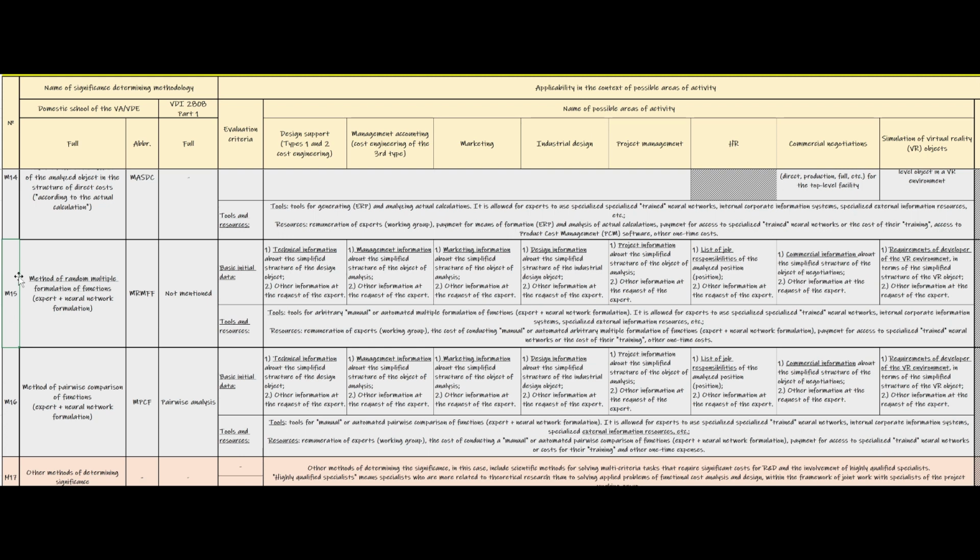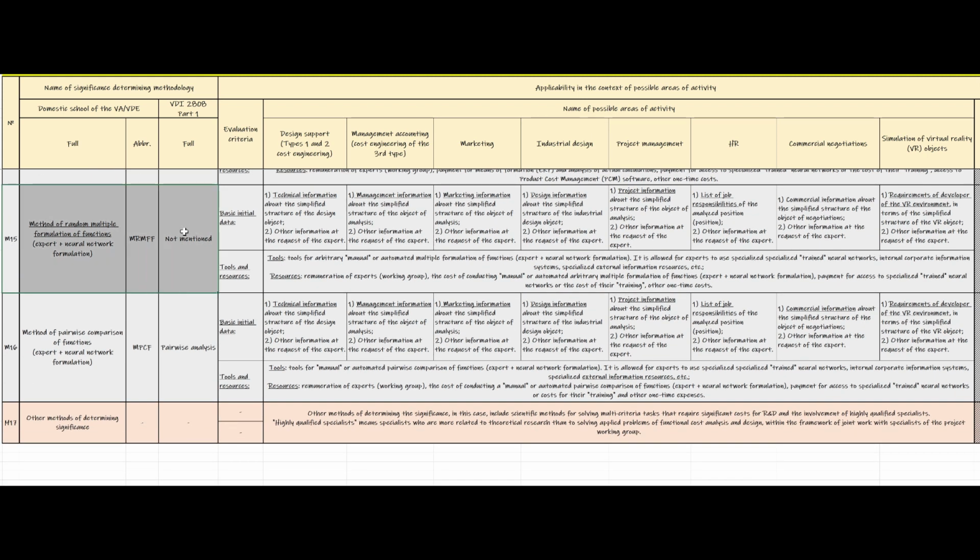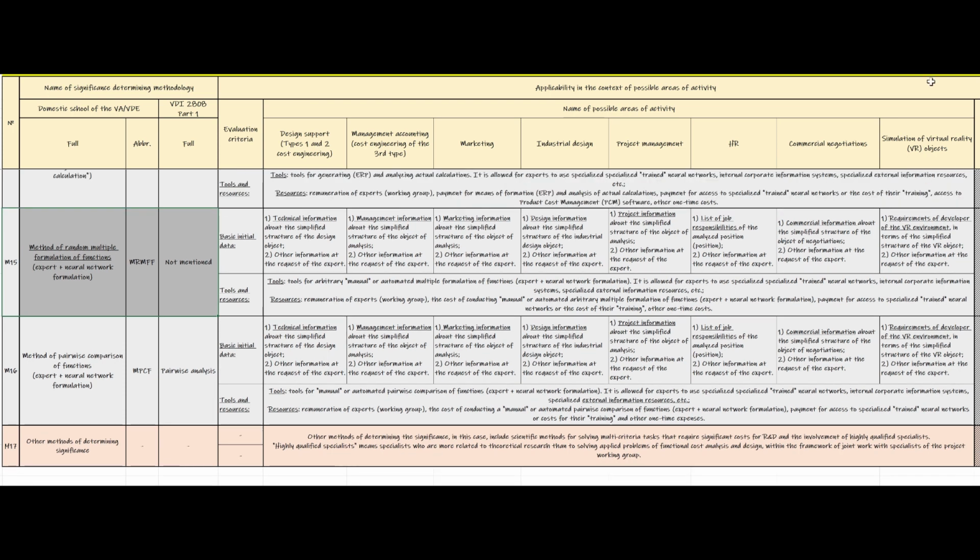M15. Method of random multiple formulation of functions. The technique implies the arbitrary formulation of the maximum possible number of functions for each carrier from the structural model composition by brainstorming.